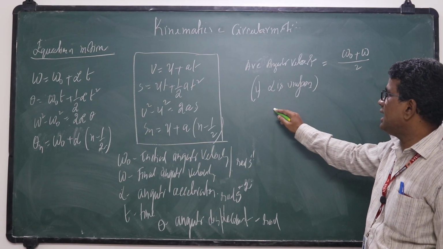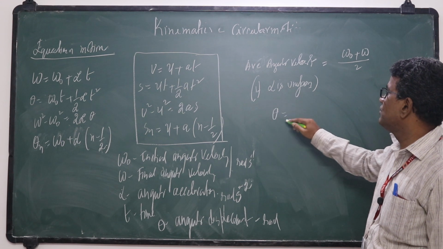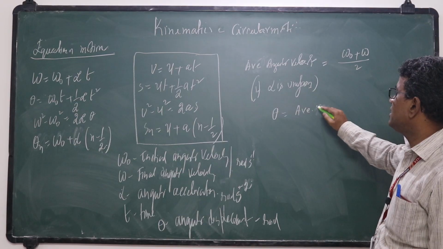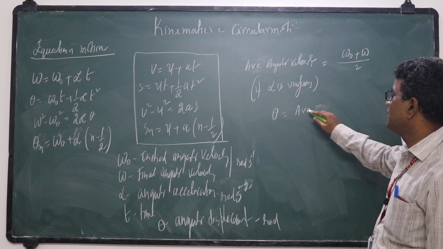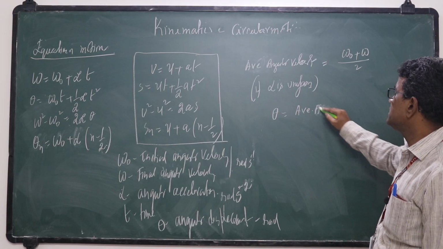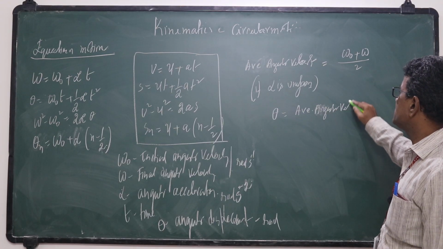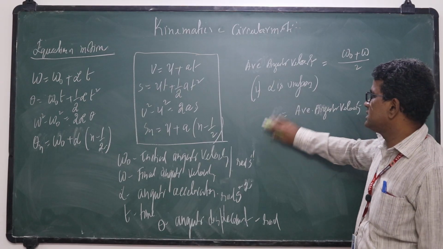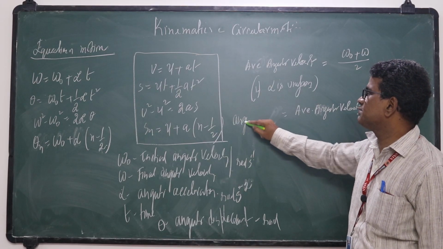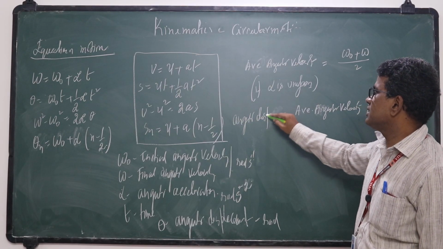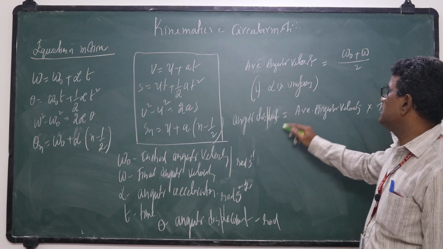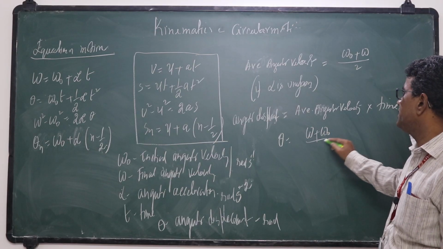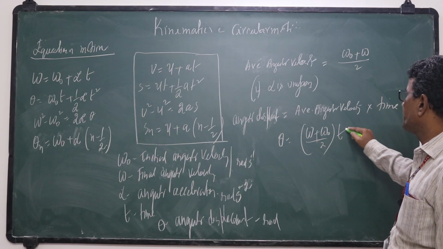So we can write angular displacement theta is equal to average angular velocity into time. So theta is equal to omega plus omega naught by 2 into t.